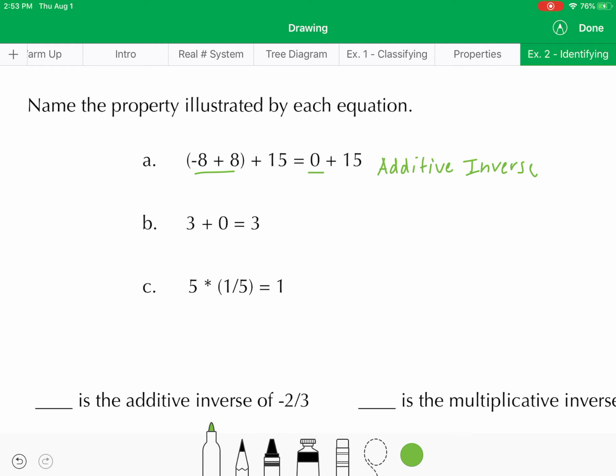So we're taking a number, we're adding it with 0 for it to result in itself. That's our additive identity property. Part C, 5 times 1/5 equals 1. A number times its reciprocal equals 1. That is the multiplicative inverse property.